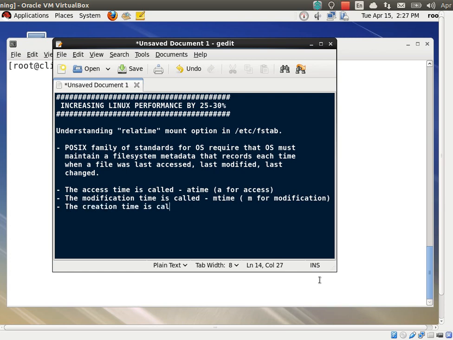The creation time is called ctime, C for creation, for create. And you can view all this information by the simple stat command. Let me show you.